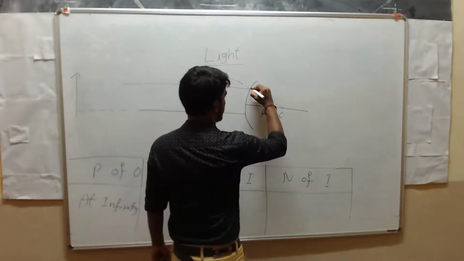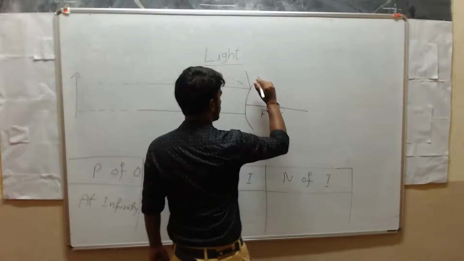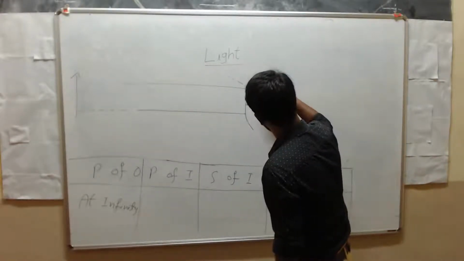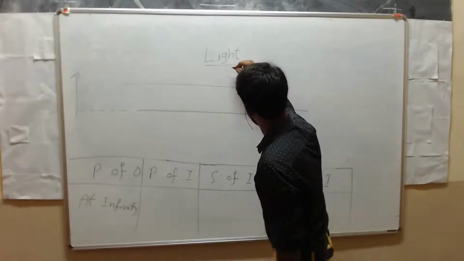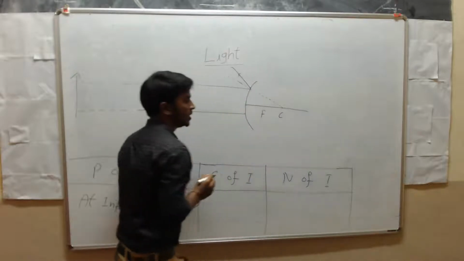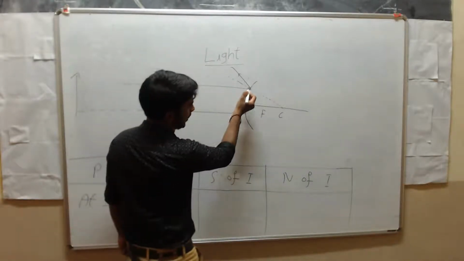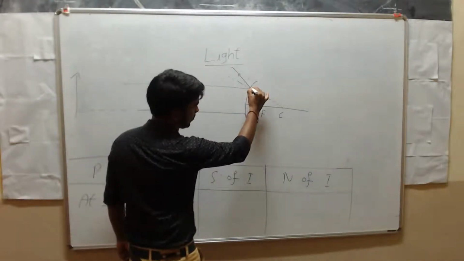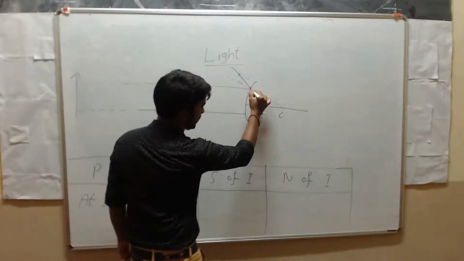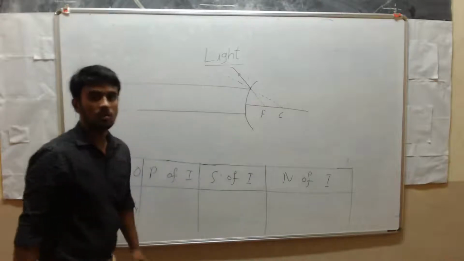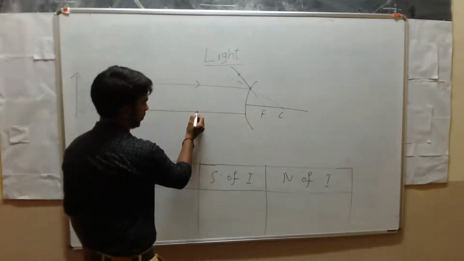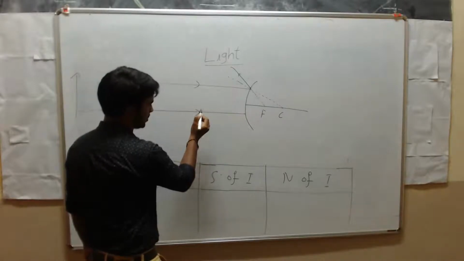Then it reflects like this. Now this is the reflected ray. Just observe here, if you extend this line, this ray passes through the principal focus. Now consider this one and one more here. Don't forget to put the arrow marks.